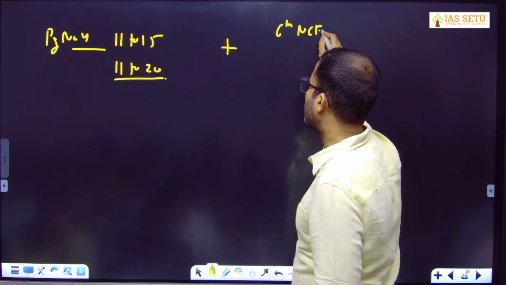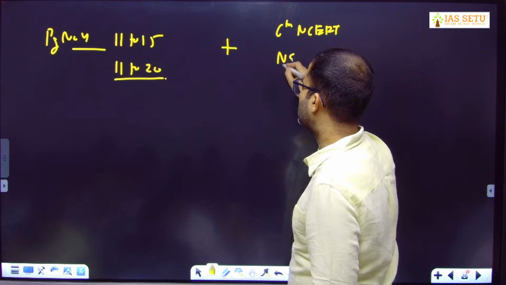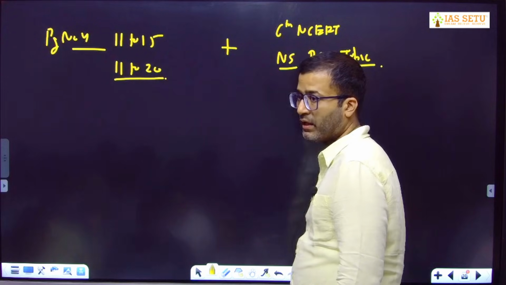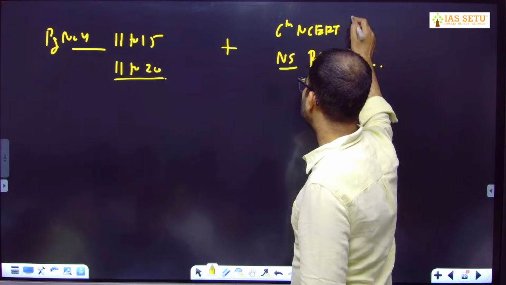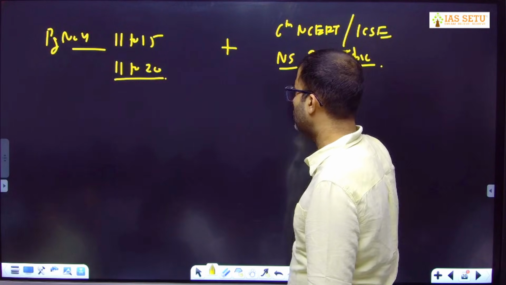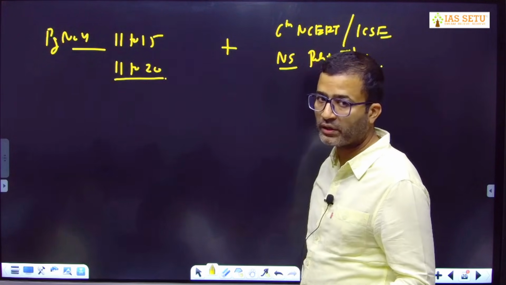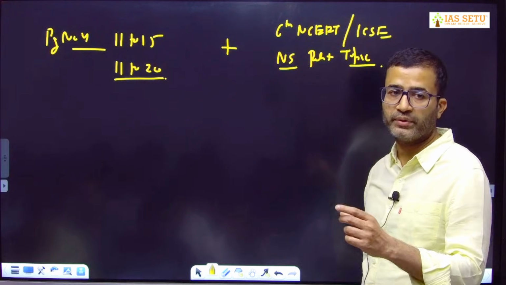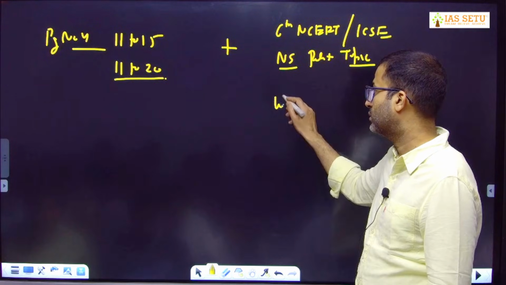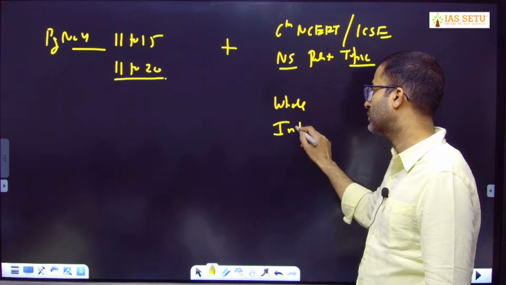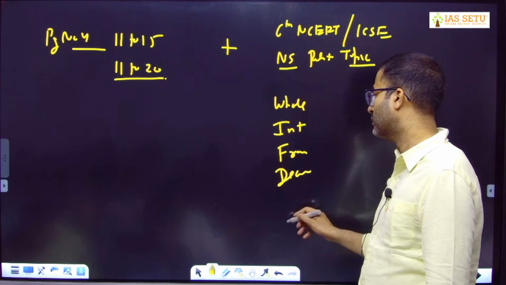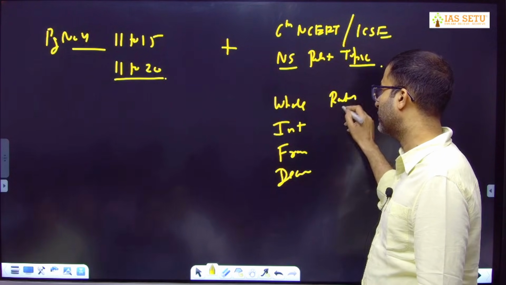6th NCERT नंबर सिस्टम रिलेटेड टॉपिक. आई थिंक मैनी ऑफ यू रेफर ICSE. ठीक है, जो ICSE रेफर कर रहा है बेटर है, अगर NCERT कर रहा है NCERT इज ऑल्सो ओके. हाउ टू आइडेंटिफाई टॉपिक रिलेटेड टू नंबर सिस्टम, नोइंग योर नंबर, प्ले विद नंबर, ये कुछ टाइटल है. होल नंबर, इंटीजर, नेचुरल नंबर, फ्रैक्शन, डेसिमल, ठीक है, रैशनल नंबर, इरेशनल नंबर.